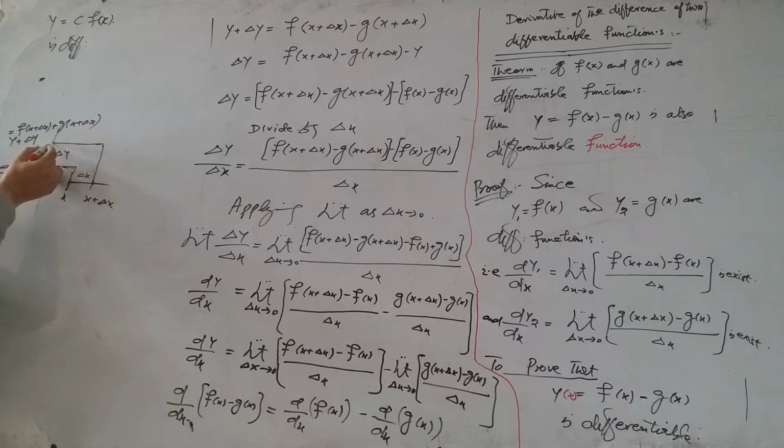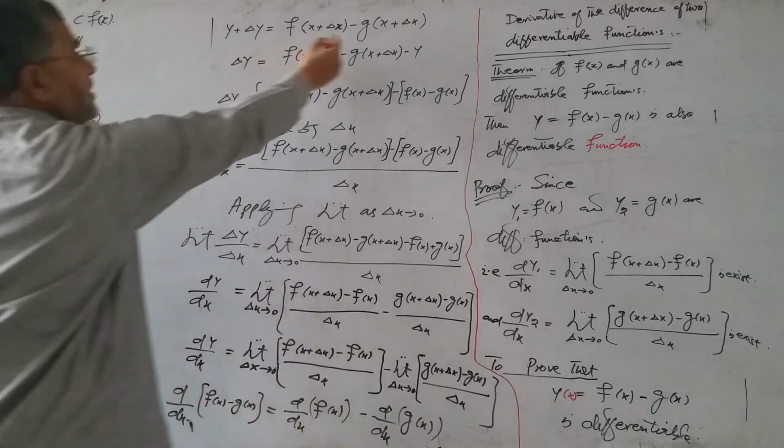This is the change between the initial point and the final point. Therefore, the change in the dependent variable is denoted by del y. This change is measured from the initial point y on the y-axis such that y plus del y is the final point. Del y is the change between these two points, which is also denoted by f of x plus del x minus g of x plus del x.